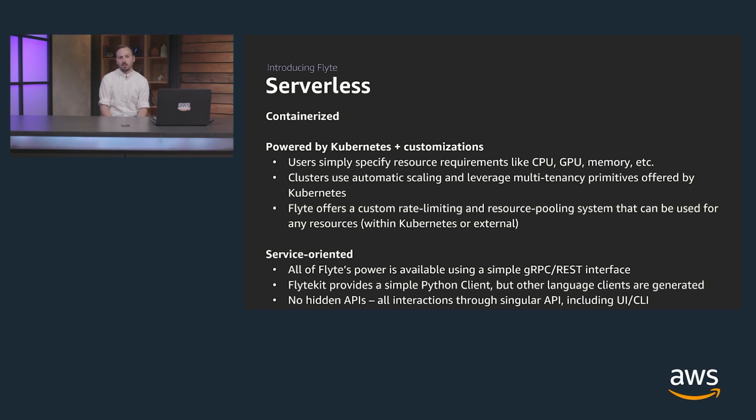Another aspect of the service-oriented design is that pretty much everything is done through gRPC and REST interfaces. There's no side-effectual behavior. There's no odd configurations. Everything can be done through the API, and this allows people to do pretty incredible things.